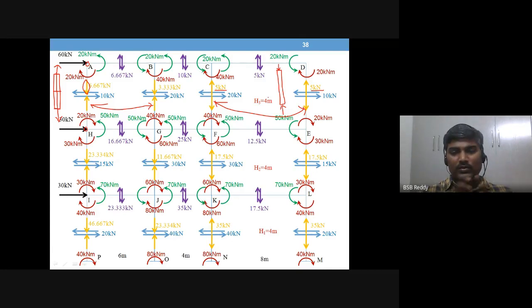So this completes the analysis of a frame subjected to lateral loads by the portal frame method, one of the approximate methods.